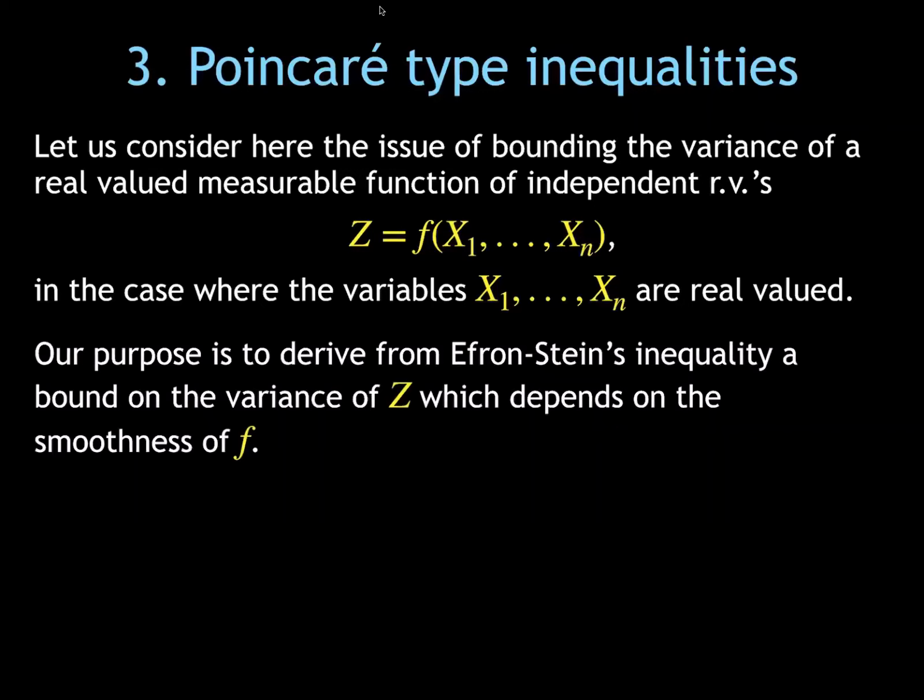So we start from Efron-Stein's inequality, and we try to bound the variance by using a quantity which takes into account the smoothness of the function f. And the easiest way to take into account the smoothness of the function f is to look at something which looks like a Sobolev norm or something like that.